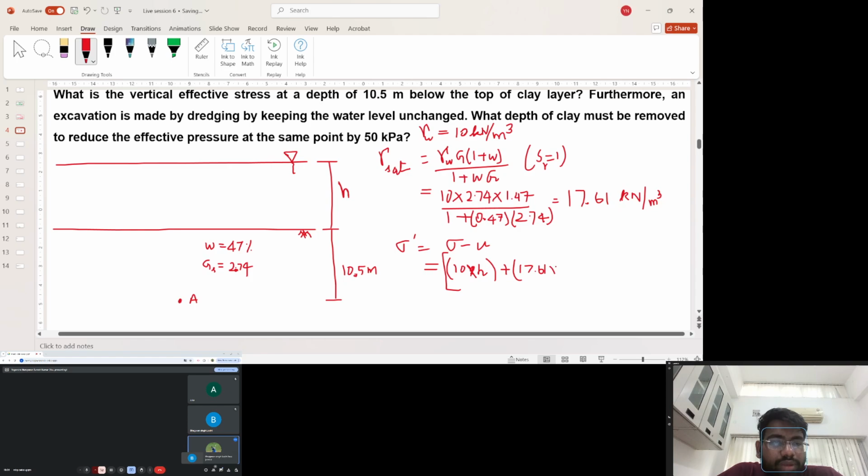This will be the total stress, minus pore water pressure, which will be 10 into h plus 10 into 10.5. So now 10 into h and 10 into h will get cancelled.